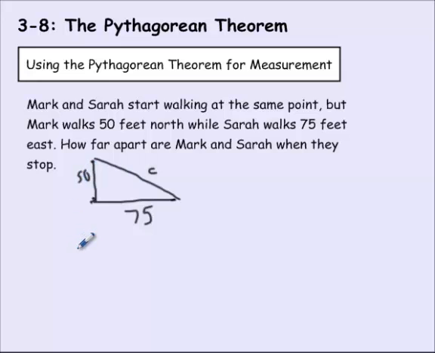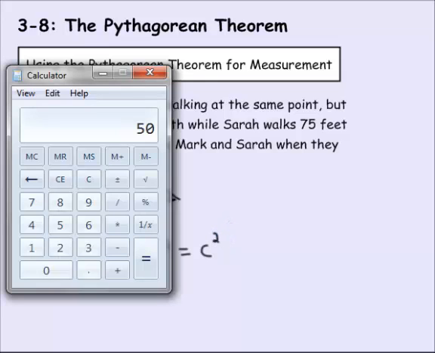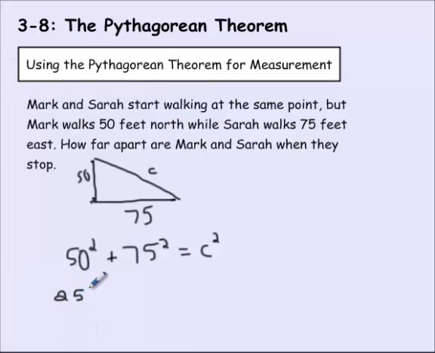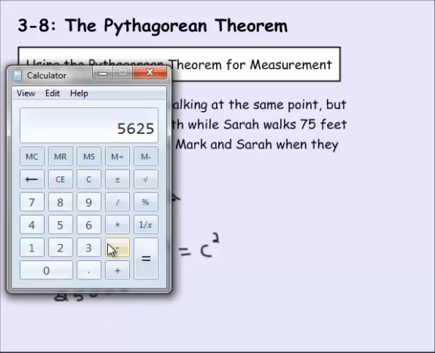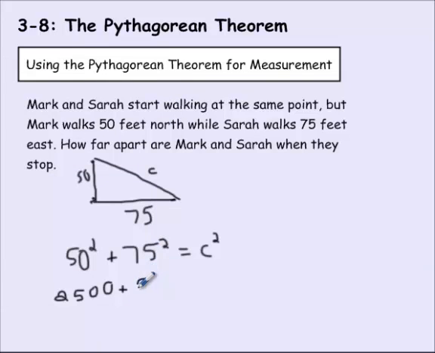We have 50 squared plus 75 squared, and that would equal c squared. So 50 squared would be 2,500 plus 75 squared would be 5,625. Big numbers.